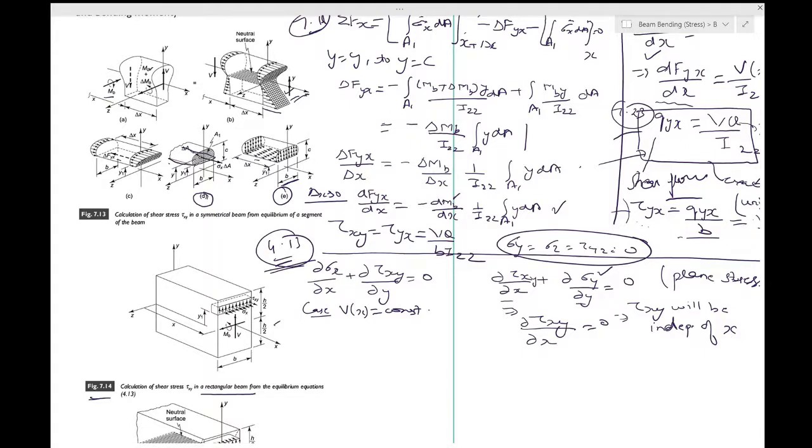This is also because if the shear force V is constant, then tau xy will also be independent of x, and hence this equation is satisfied.